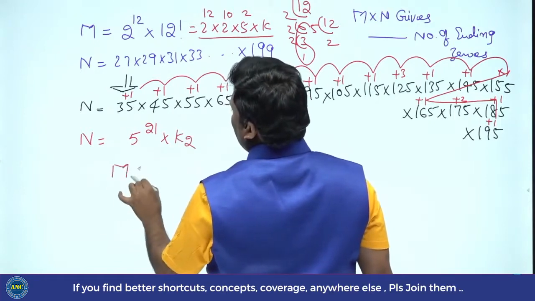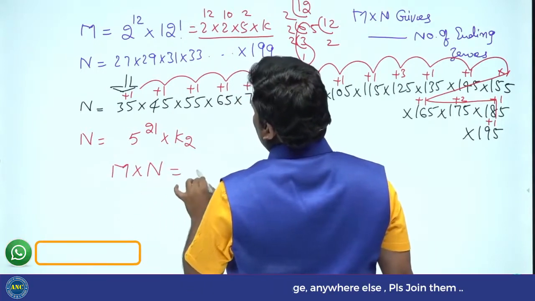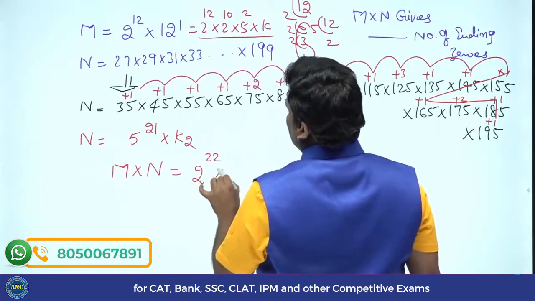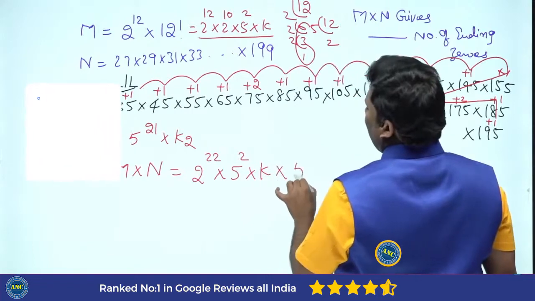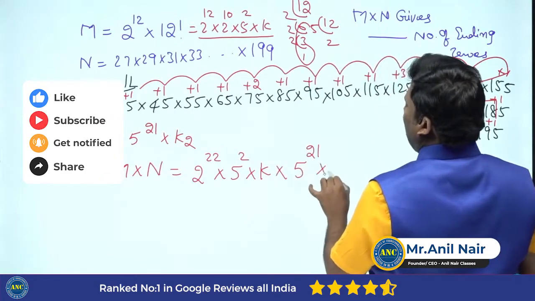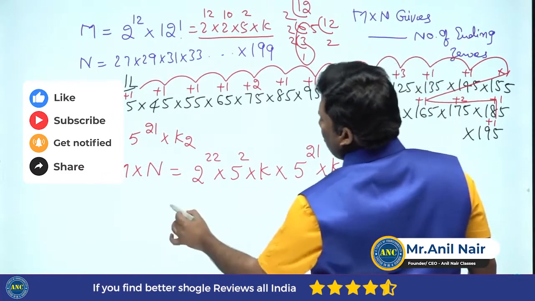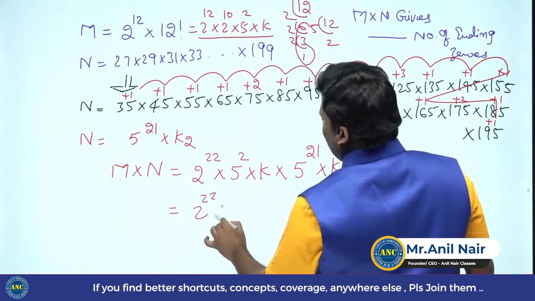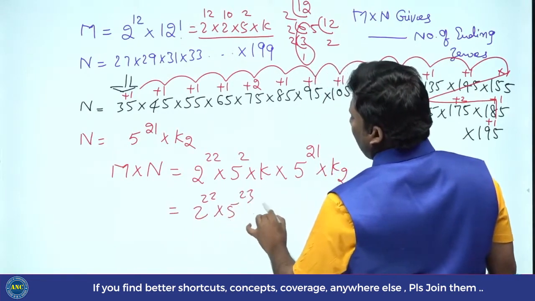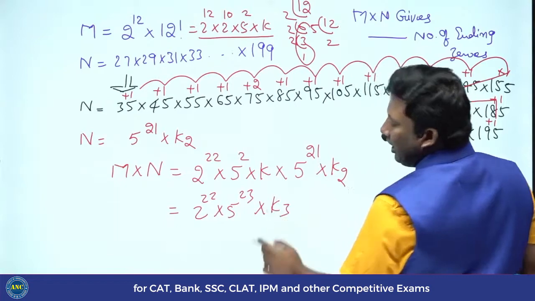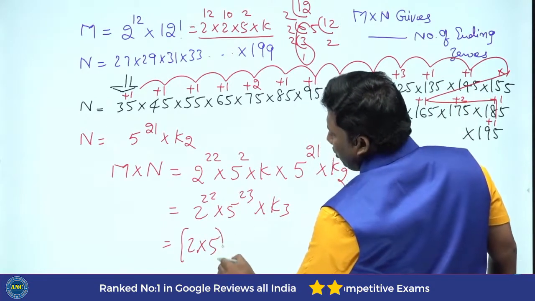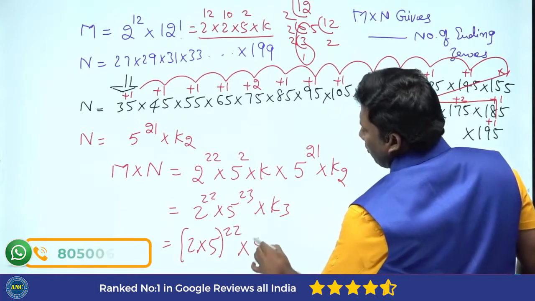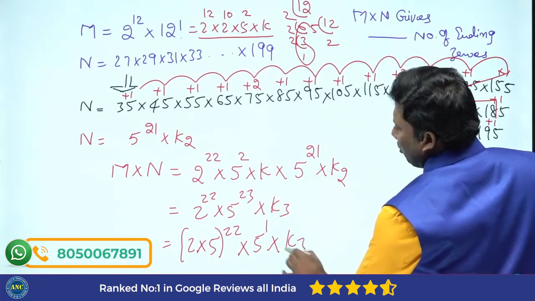So M into N will give you, what is the value of M? 2 power 22 into 5 square into k. N will be 5 power 21 into k2. So this will be 2 power 22 into 5 power 23 into k3. This is 10 power 22 into 5 power 1 into k3.